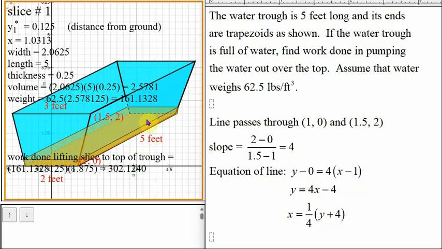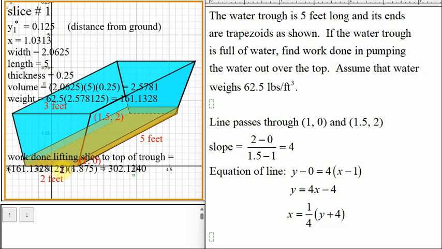And therefore the volume of this slice of water is 2.5781. The weight of this slice of water will be 62.5 times 2.578125, which gives us 161.1. For this slice, the distance from the ground is 0.125. The distance from here to here is 2, and therefore to lift this slice of water to the top, it will have to travel a distance of 2 minus 0.125, which is 1.875.